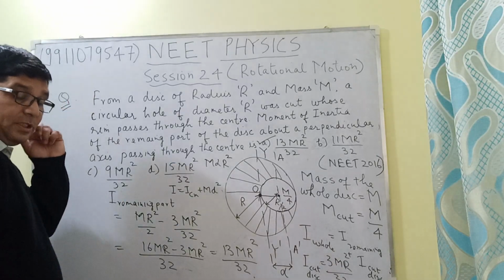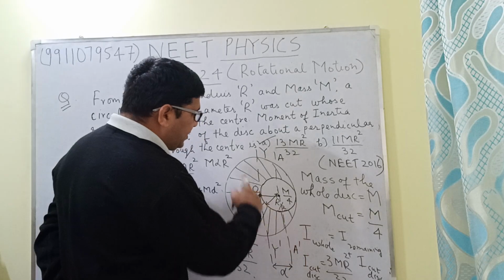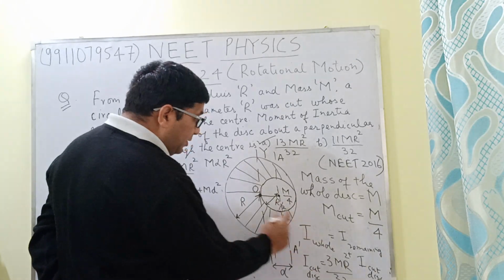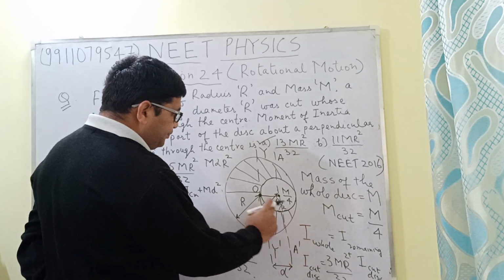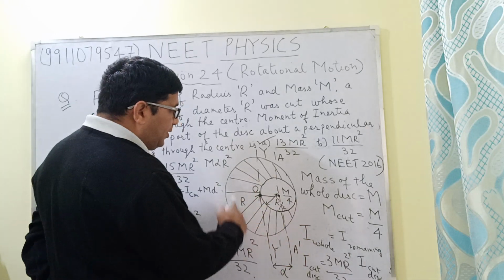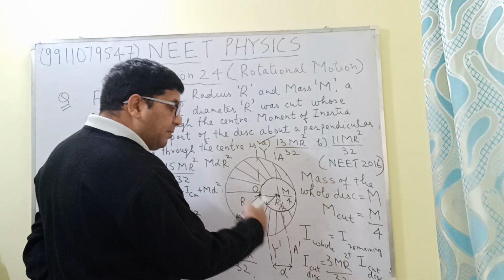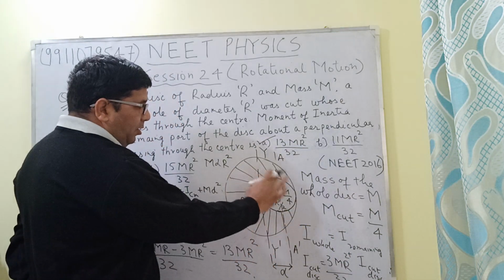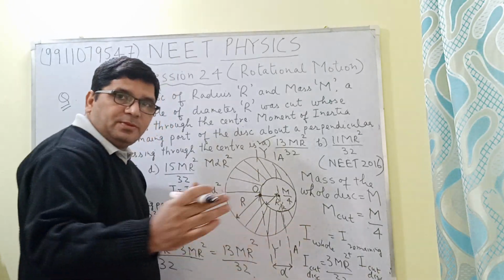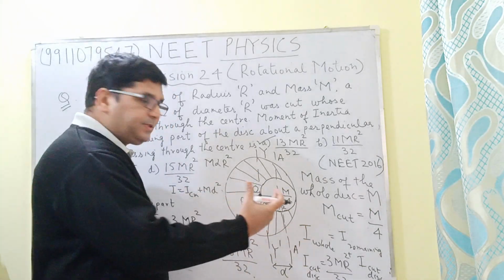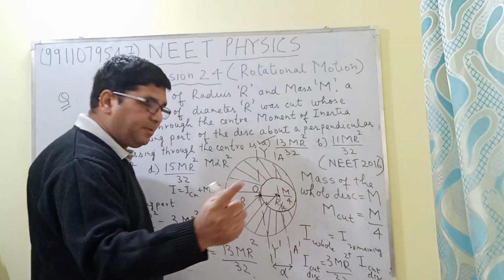And the third most important thing is that the moment of inertia of any object is equal to the moment of inertia of the remaining part of that object, if some part is cut from it, plus the moment of inertia of that cut part.